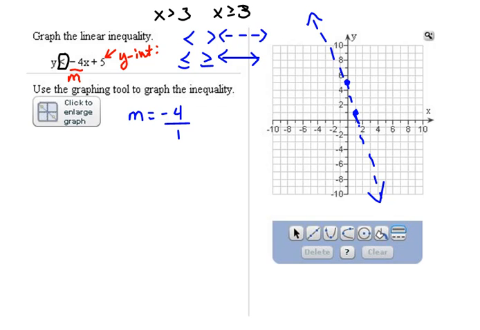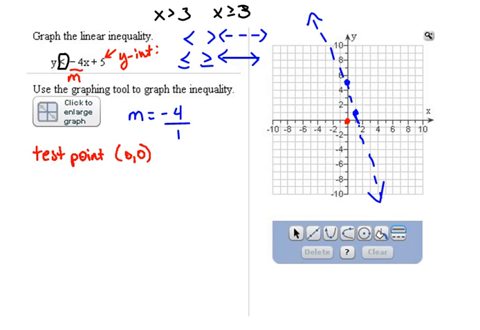What I like to do is to take a test point, and 0, 0 is always the best one as long as it's clearly on one side or the other of your line. In this case, 0, 0 is clearly on this side of our graph. So I'm going to use a test point of 0, 0.